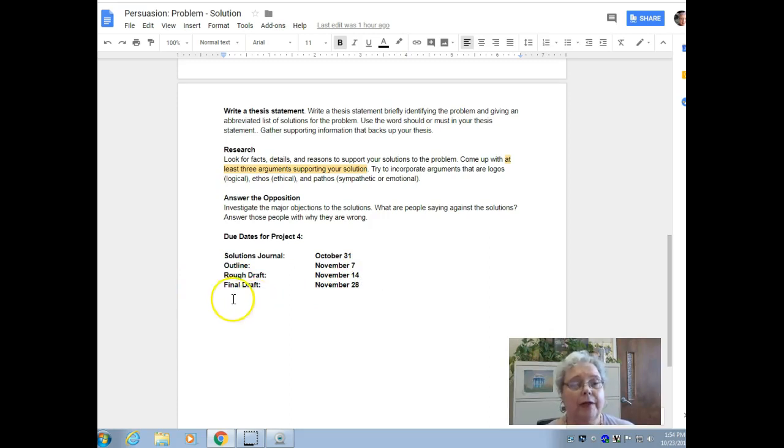I've given extensions before because we've had some bad weather and some bad results of the weather, like people losing power and things like that. But now we should be back on track. We've had lovely weather lately, and so we need to keep up with these deadlines so that we don't end up with the semester running out and not enough time to do this.